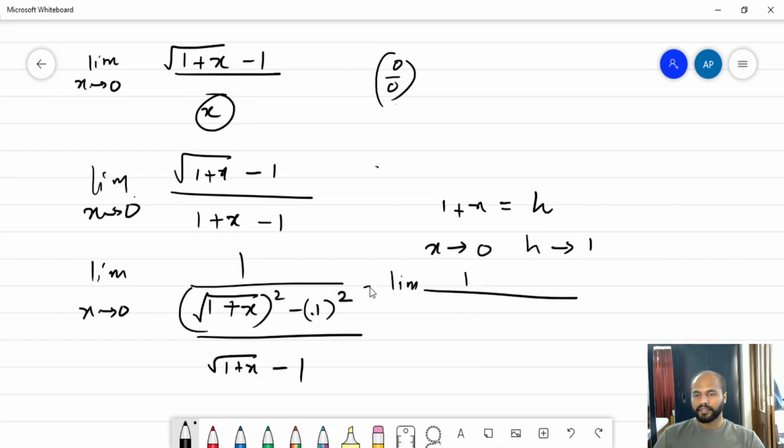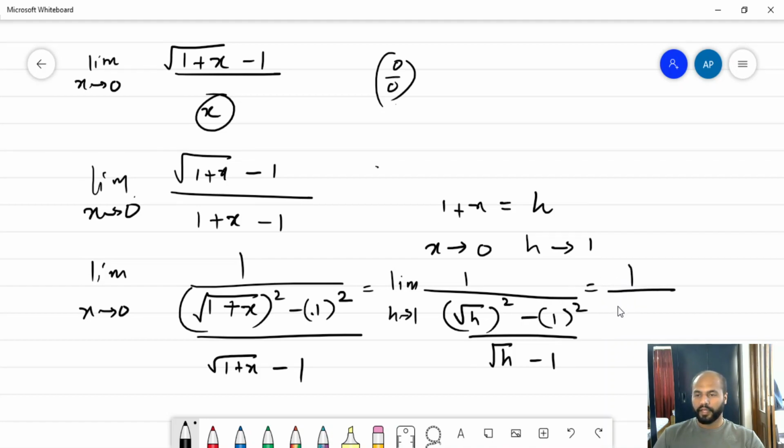This will be written as limit h tending to 1. And 1 plus x is going to be written as root h, the whole square, minus 1 square, divided by root h minus 1. Now this works perfectly, because now we're going to write 1 by n a to the n minus 1. So the answer is going to be half of this.